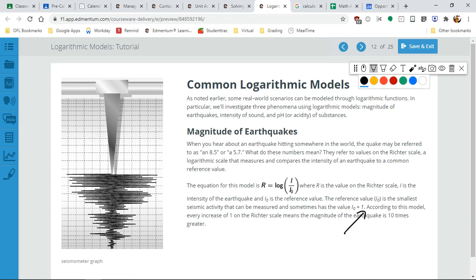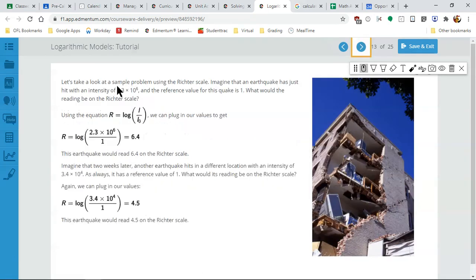So how many times greater? Technically, we don't even need this I, but we're going to keep using it anyways because it's part of the formula. All right. So here it's saying how many times greater is it than an initial quake of 1? So we're going to plug this number into here, and we're going to end up getting this 6.4.